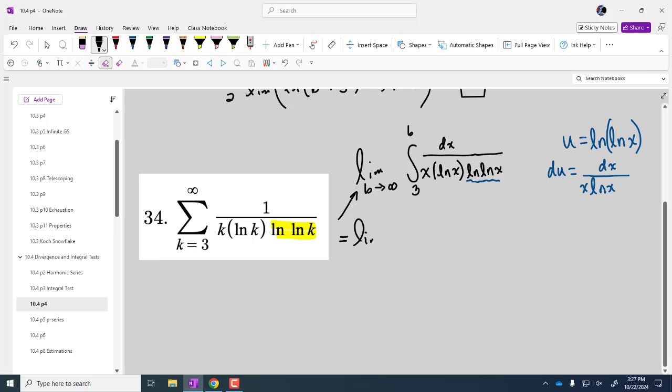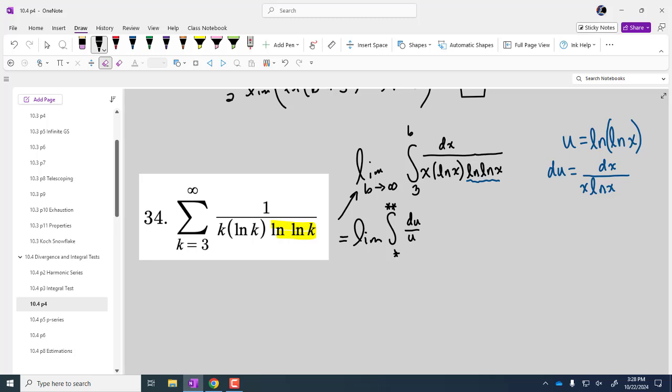So we're going to get limit. We're going to convert and have some placeholders for a moment in time. dx over x ln x, all of that is du. So doesn't this just simplify to du over u? That part there is u.